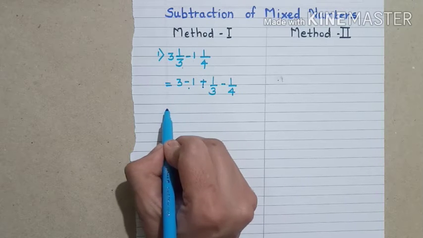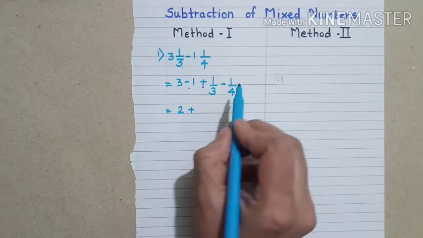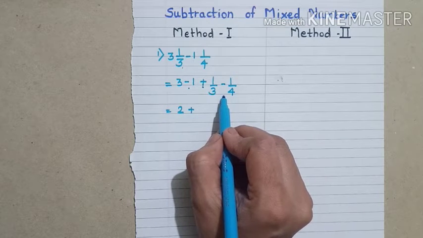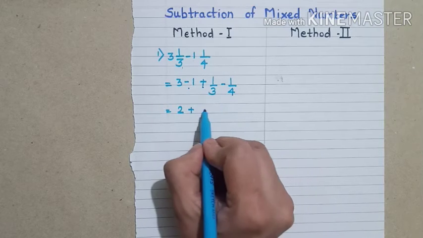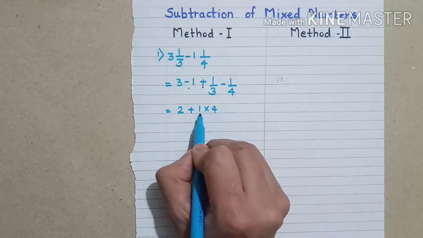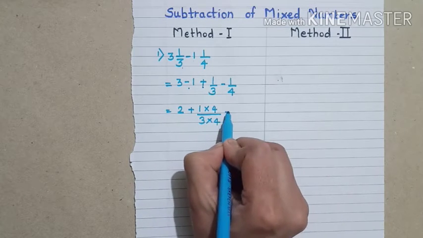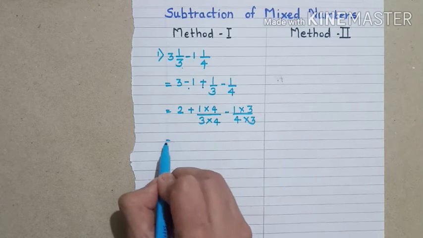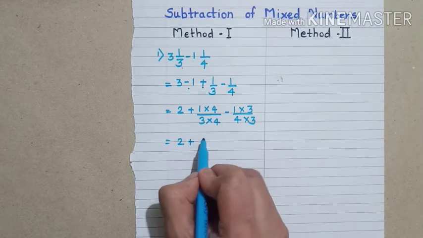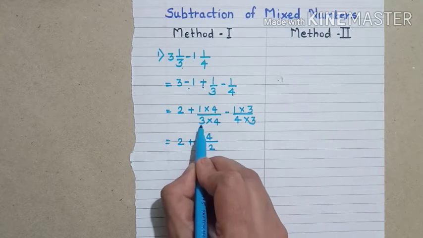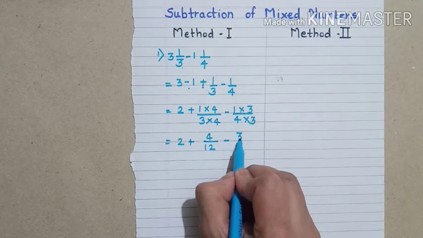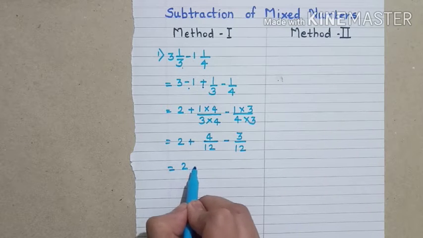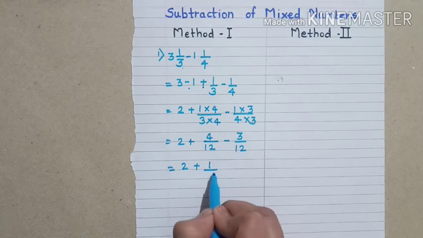Now 3 minus 1 is equal to 2 plus 1 upon 3 minus 1 upon 4. Again here are unlike fractions. So we are going to make them like fractions by cross multiplication. So 1 into 4 upon 3 into 4 minus 1 into 3 upon 4 into 3. 2 plus 1 into 4, 4, and 3 into 4, 12 minus 1 into 3, 3 upon 4 into 3, 12, which is equal to 2 plus 4 minus 3, 1 upon 12.